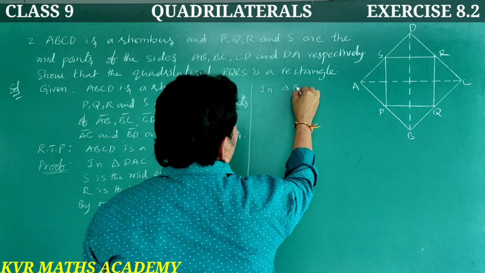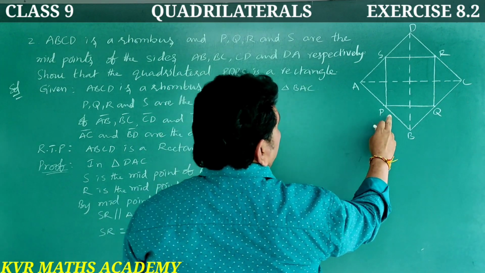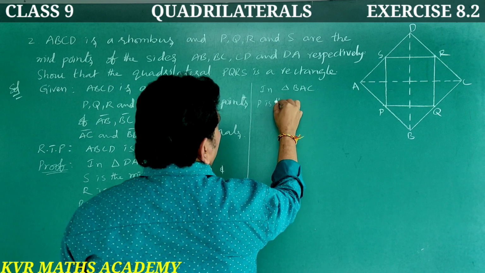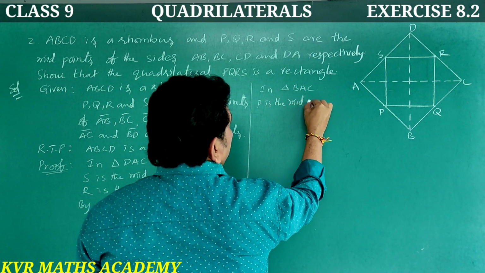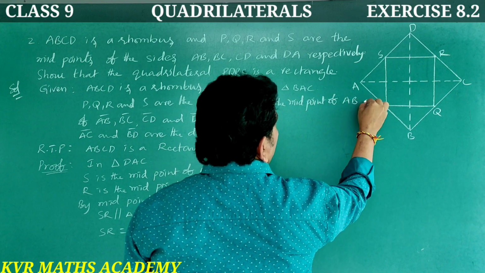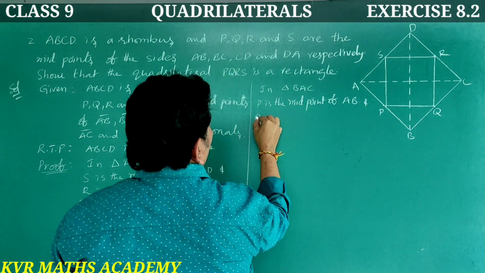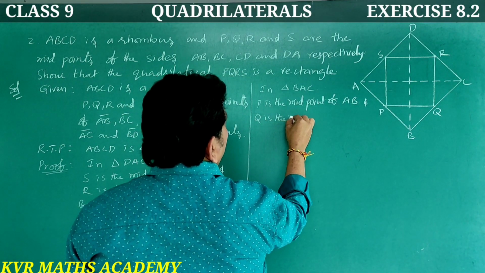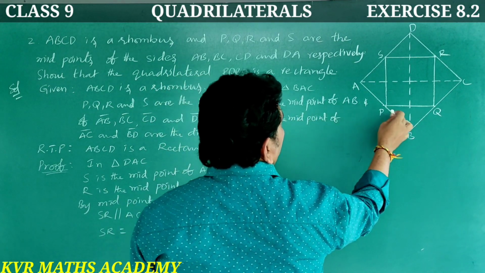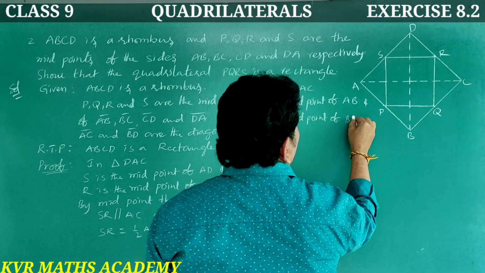In triangle BAC, P is the midpoint of AB and Q is the midpoint of BC.